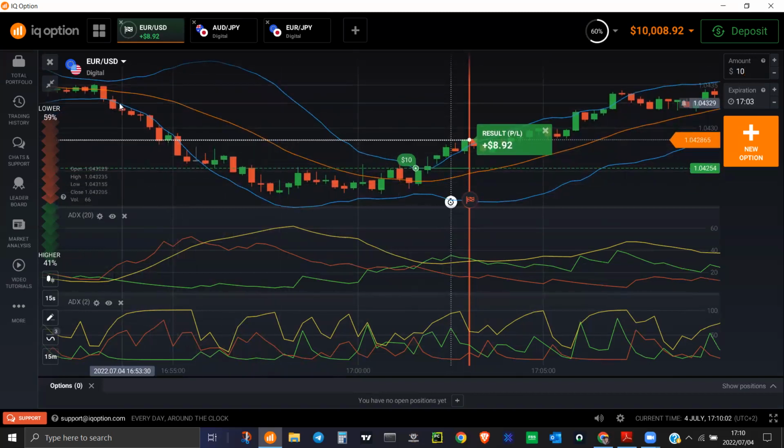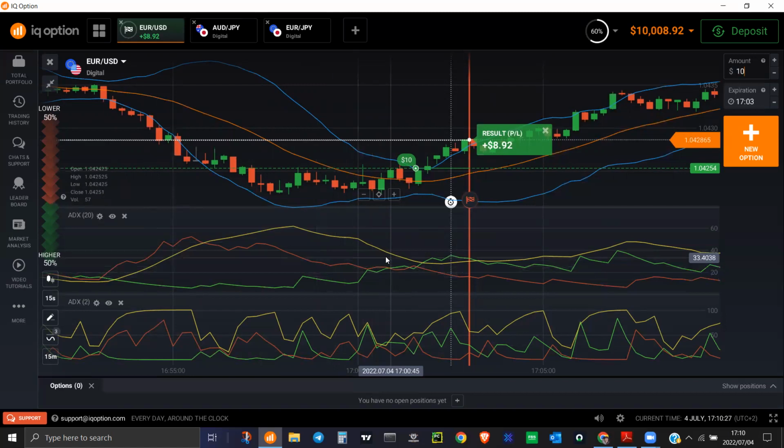So whenever you see this, just know that it's gonna take a while for the crossover to happen, right? Usually it would have occurred here. You see, it tried to cross here, but it did not. And then it tried again the second time here, but it did not. It's only the third time that the crossover actually happened.